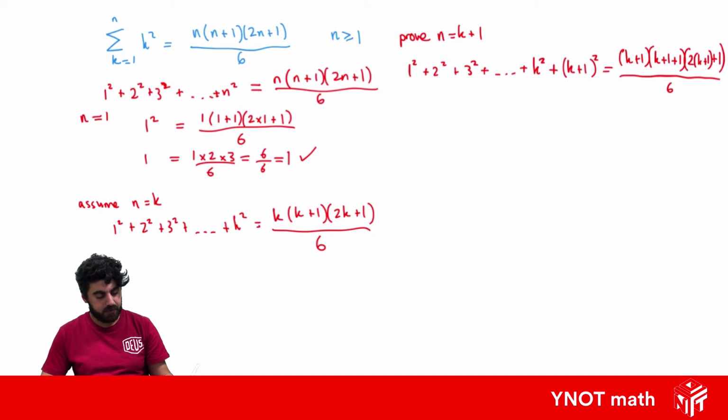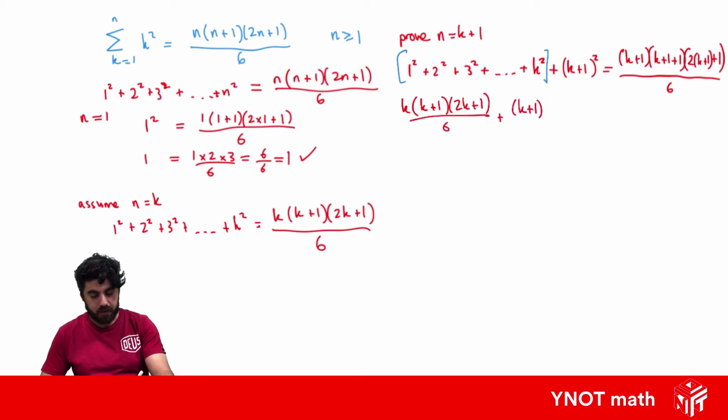Now, we know that all the way from 1 squared to k squared, we have this. So we can go ahead and sub that in, for all of this part here. So all of that we know is equal to k outside of k plus 1 times 2k plus 1 all over 6 plus k plus 1 all squared.